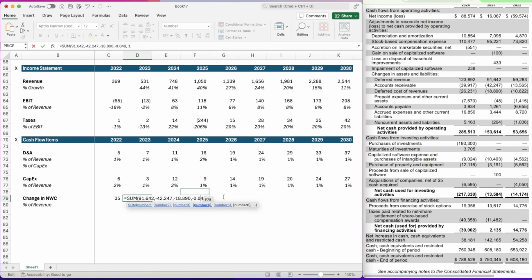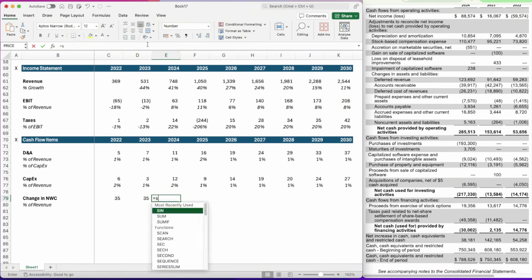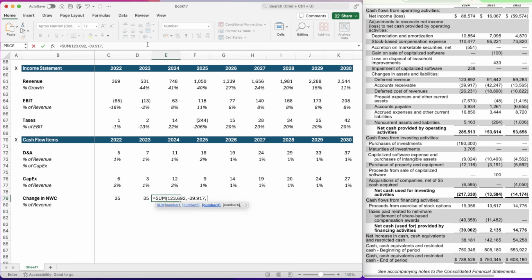Negative 0.048. Oh no. Negative again. I keep forgetting all of these.